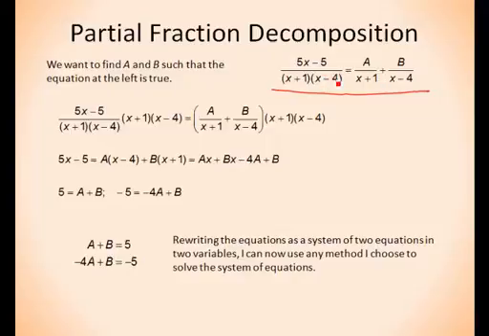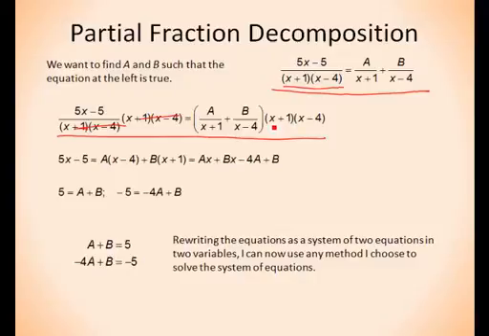To figure out what a and b equal, I'm going to start by multiplying both sides of the equation by this denominator. This denominator will cancel with this denominator, and I just get 5x minus 5.